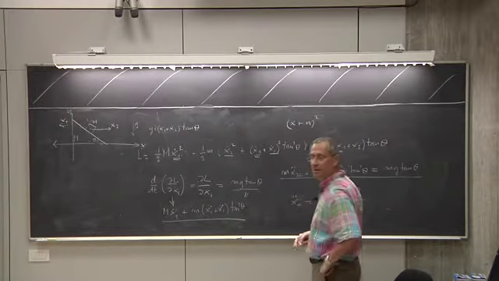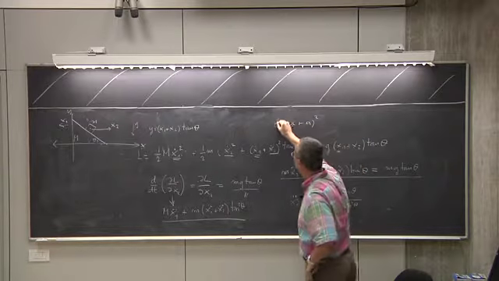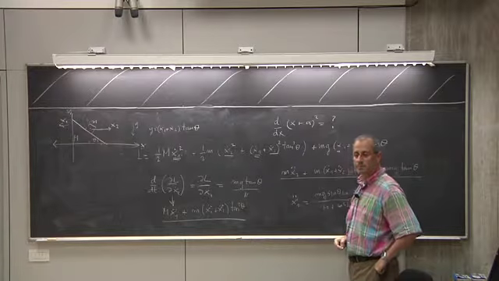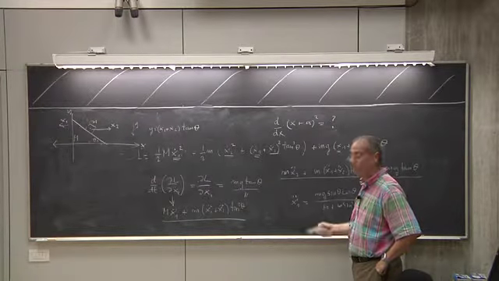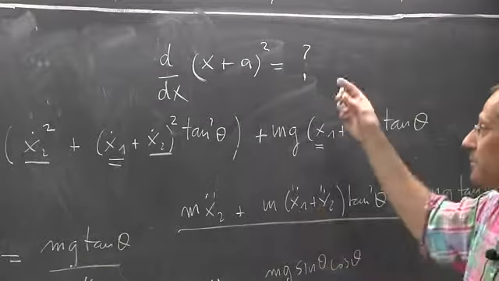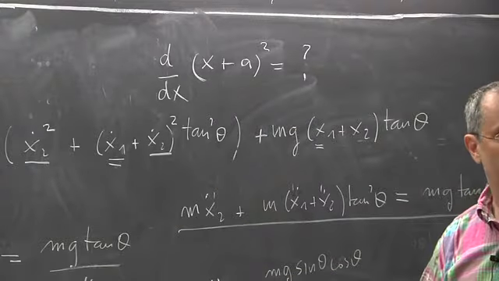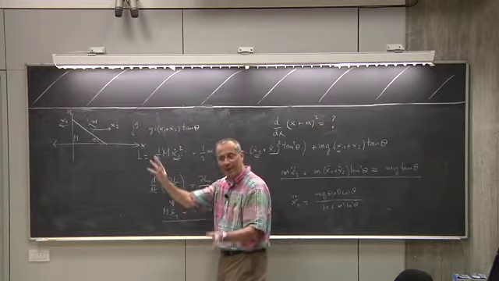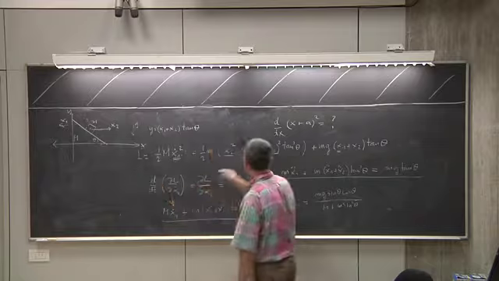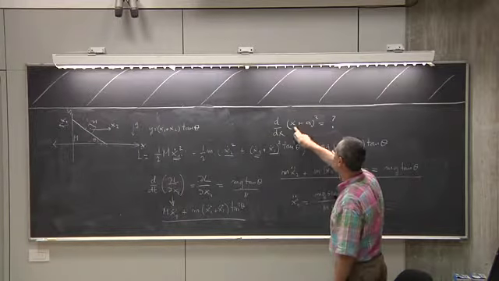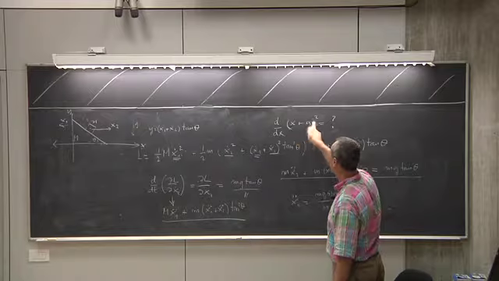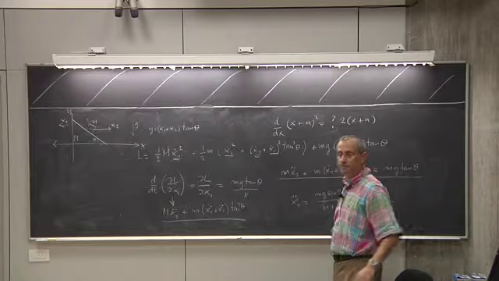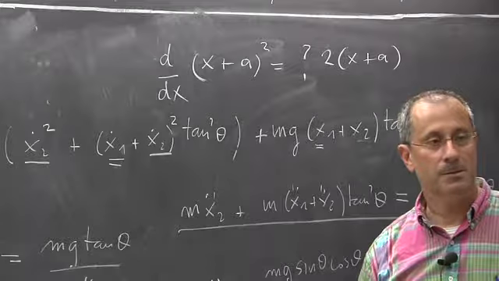What is the derivative? That's exactly what you have there. When you take the partial derivative, you keep everything else fixed, and you take the derivative. So it's like here, this is a constant. The derivative of x squared plus 2ax with respect to x is just 2x plus 2a.